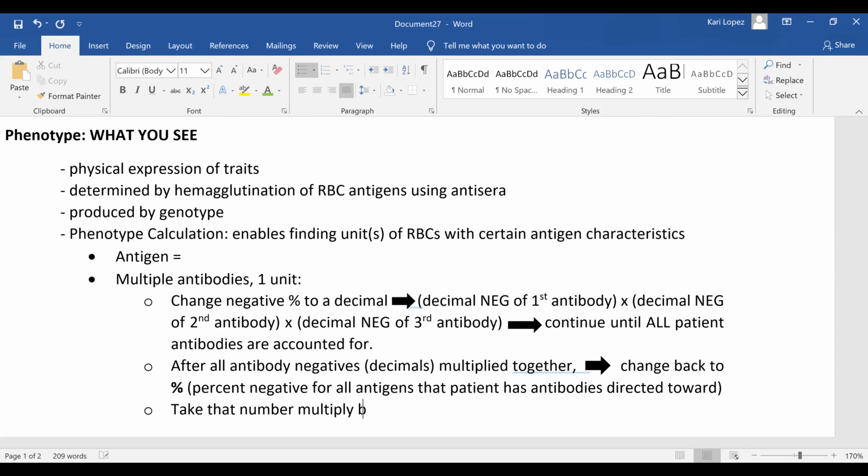And then you multiply it by 100. Let me see. Let me show you, sorry, I don't know the best way to say it.